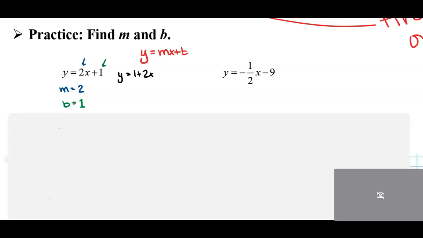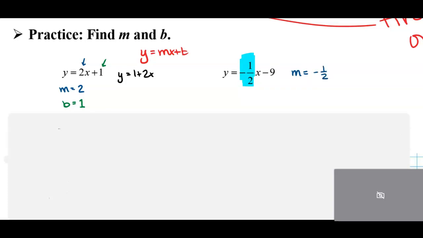Let's look at the next one. y equals negative 1/2 x minus 9. So this is in our y equals mx plus b form. We want to identify the slope and the y-intercept. What do you think the slope is? In this case, the slope is the number in front of the x, including that negative sign. So don't forget the negative.